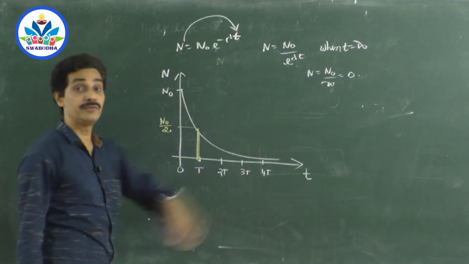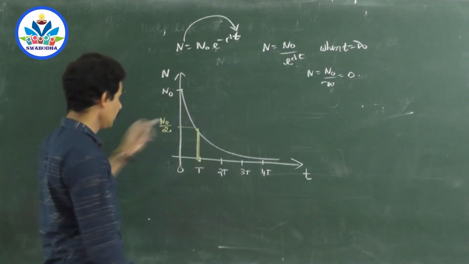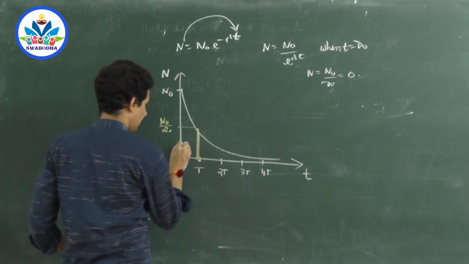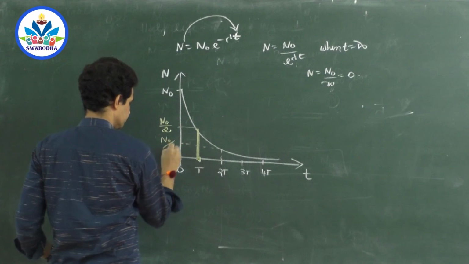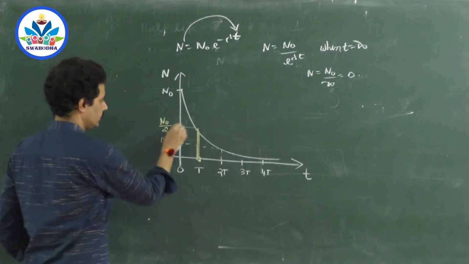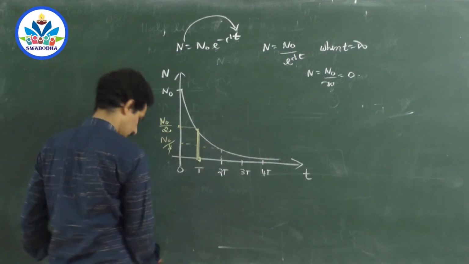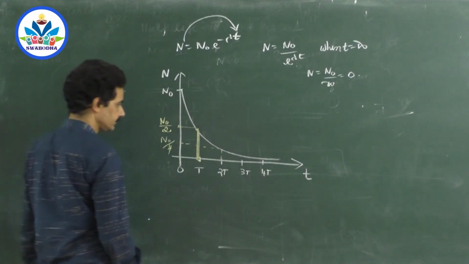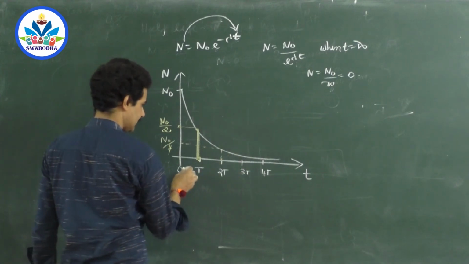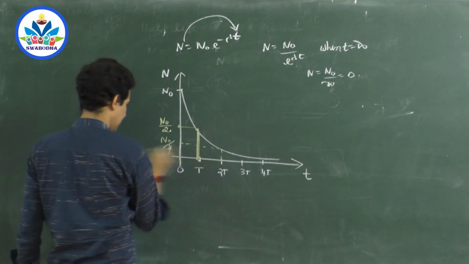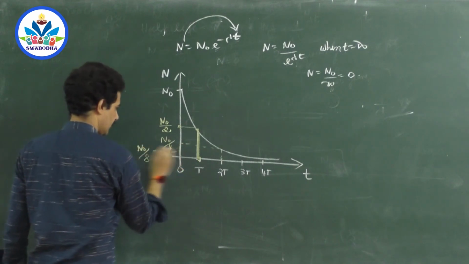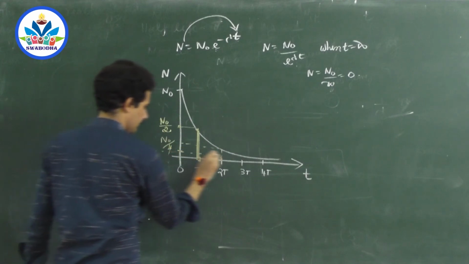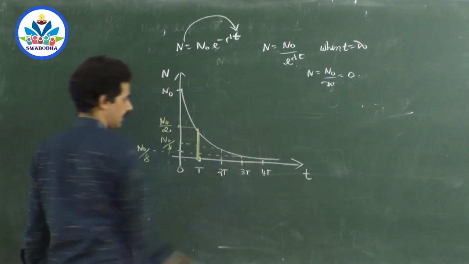That is 1 by 4th of 1000. N naught by 2 should become N naught by 4, somewhere here. Then, of course, you can continue like this. Half of this, N naught by 8, somewhere here, in the third half-life.